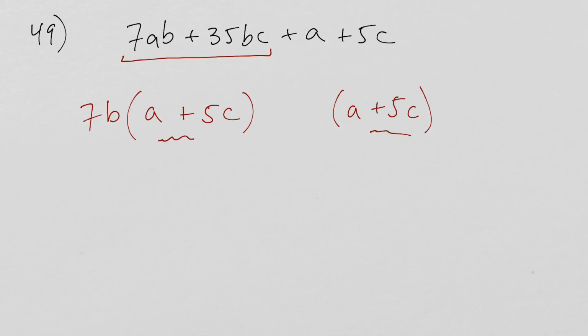Then I'll think about what I have to put here so that I multiply and get back to those. And it looks like a plus 1. So I'll just put a plus 1 there. Now my a plus 5c is common, and it leaves behind a 7b plus 1.